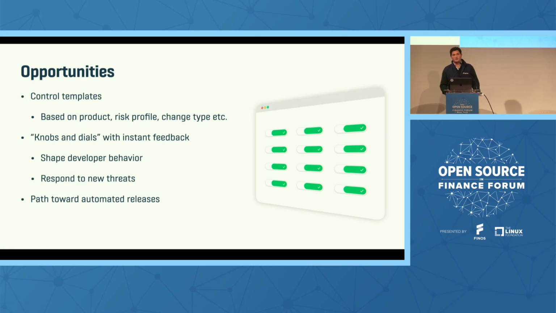And it also allows you to shape developer behavior. So in one example, in past practice, we've observed a large bank that wanted to upgrade their CD pipeline libraries, right? And so in the past, that typically would have been a process that would require a project manager, a budget, and probably a year's worth of time to go in and help each development team migrate over to the new versions of the libraries.